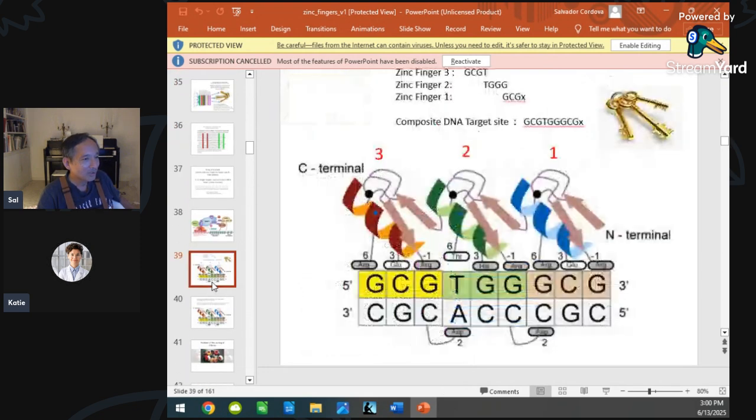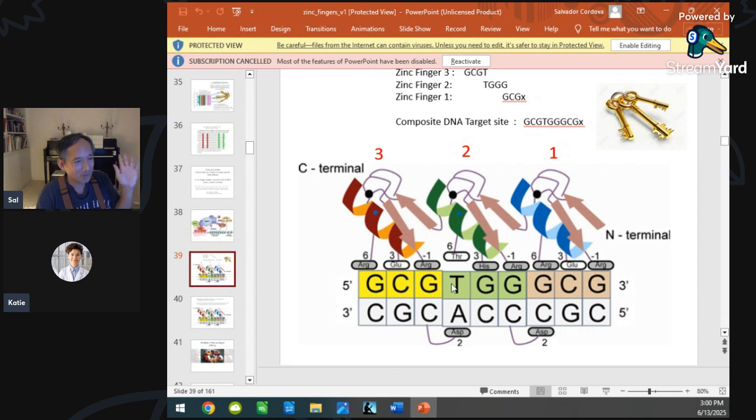So, here's a good illustration. You have the DNA here with the ACTG, and you have the zinc finger protein. This is not exact, okay, but one inexact model is each zinc finger, defined by what they call a domain, will attach to 3 DNA letters.